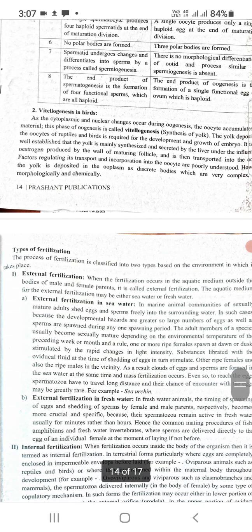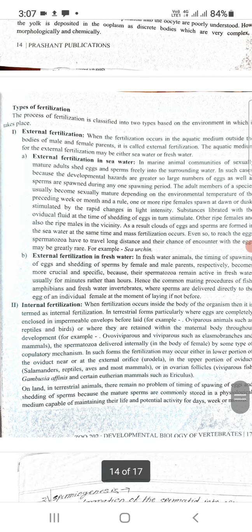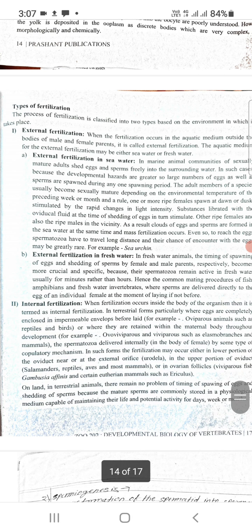External fertilization means the egg and sperm are released in the water, outside the body. Internal fertilization means the union of egg and sperm takes place inside the body of the female.